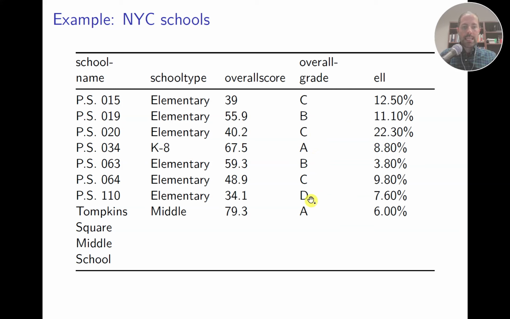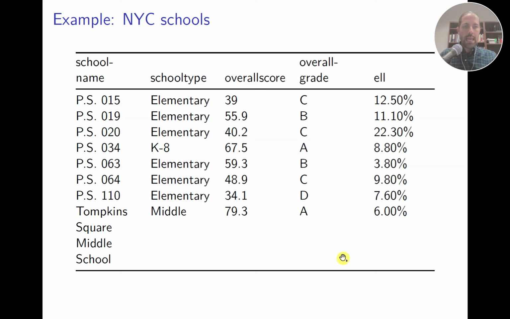Clearly, a D is a worse score than a C, which is worse than a B, which is worse than an A. So we can arrange things from least to most, or the worst score to the best score, but it's not necessarily obvious, more precise than that, what we should be doing. And so we think of this as being ordered, but not necessarily being precise in the way that a number might be. Finally, we have the English language learner, or ELL column, and again, this is clearly numeric.